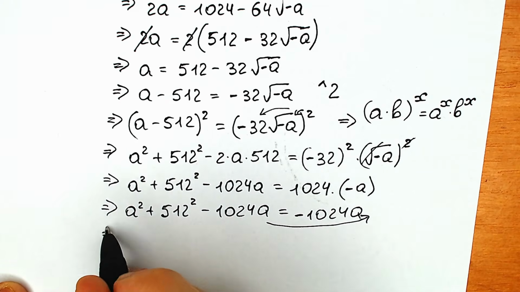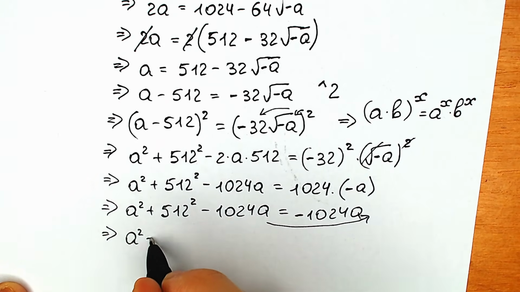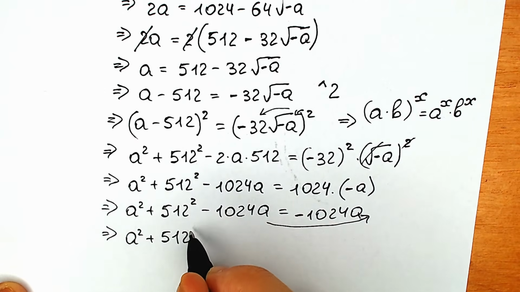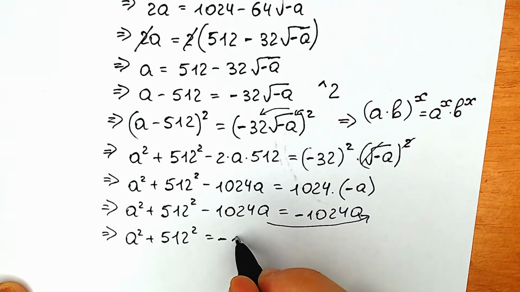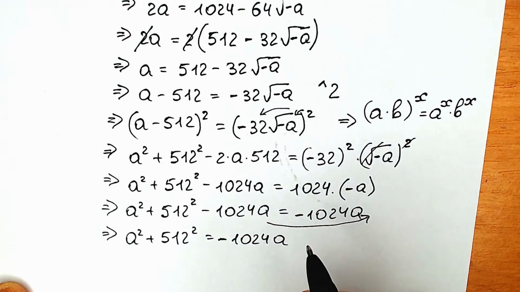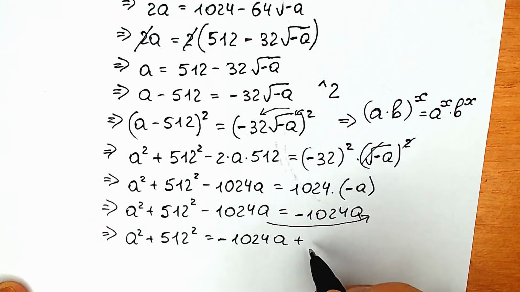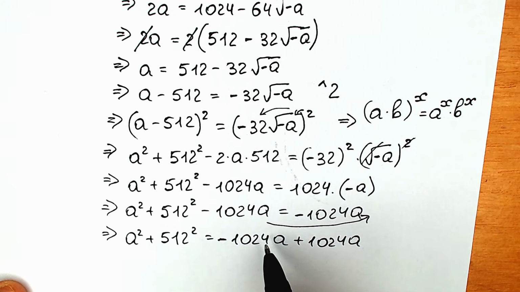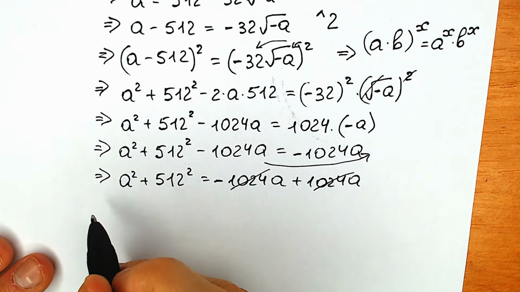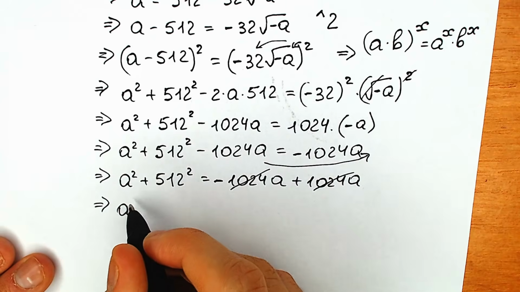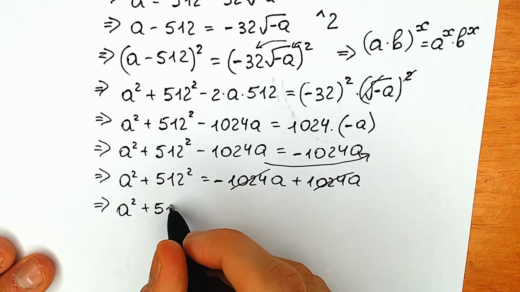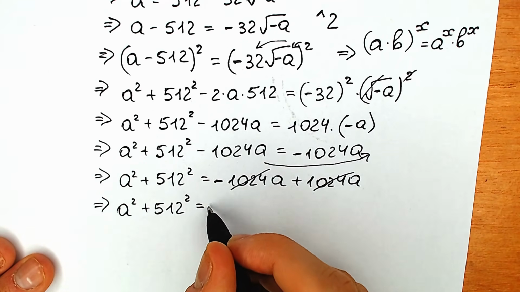So as a result, we have a square plus 512 square equal to minus 1024a and plus 1024a from the left side. So plus 1024a, and right now minus 1024a and plus 1024a, so we can easily cancel our 1024a, and as a result we have a square plus 512 square equal to 0.